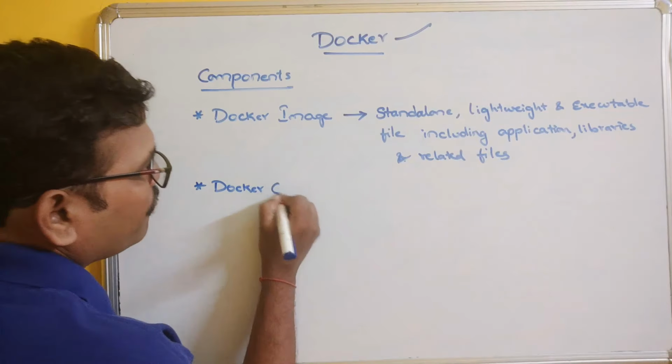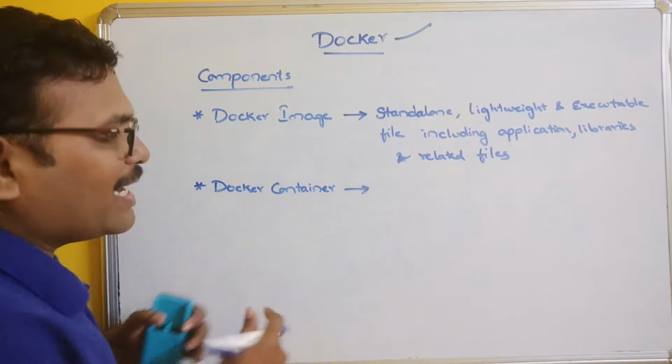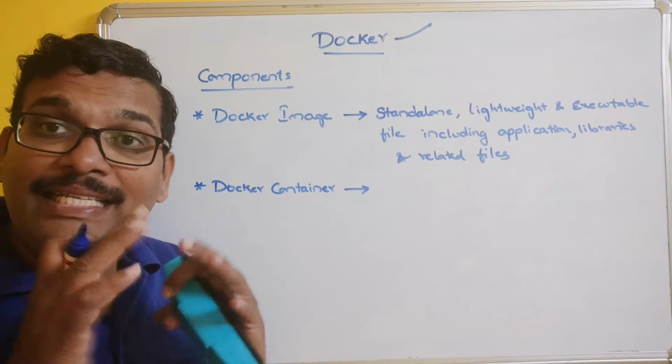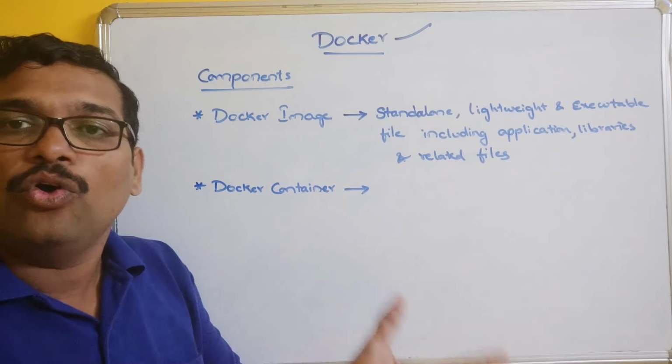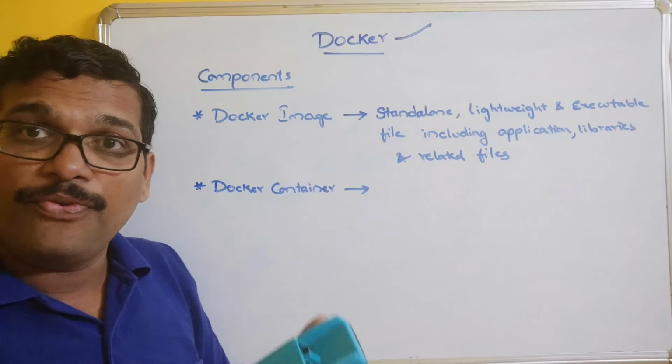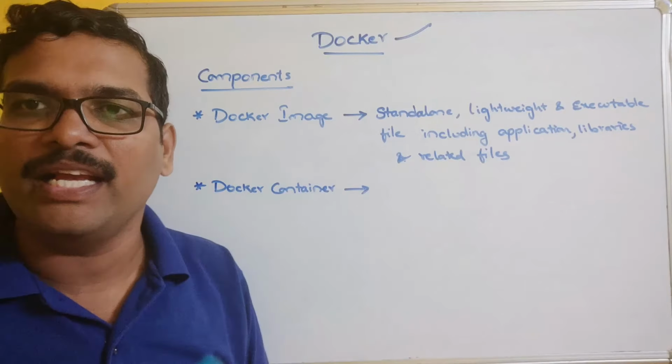And the next one, Docker container. This Docker container is an instance of Docker image which acts as a process in the host machine. So that means if you want to execute the Docker image, this Docker container will be executed.